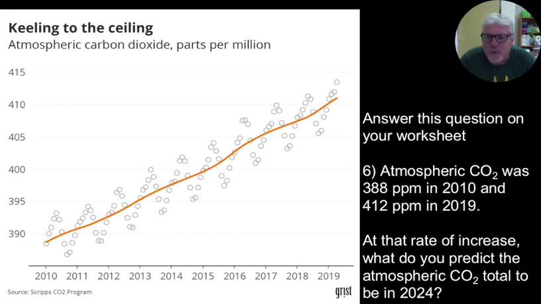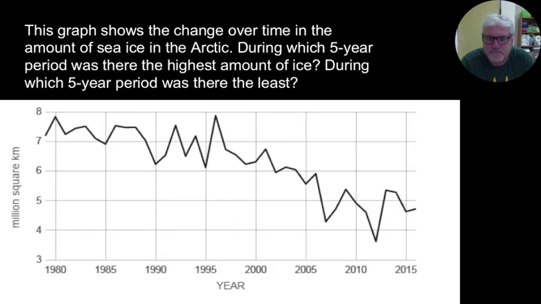So 5 more years. Well, we figure that out by taking 5 and multiplying it by 2.4. And that gives us 12. So by 2024, we could expect our total to be approximately 424 parts per million, okay? Continuing to rise. We could stop it. We'd have to make some changes in the fossil fuels that we're using.